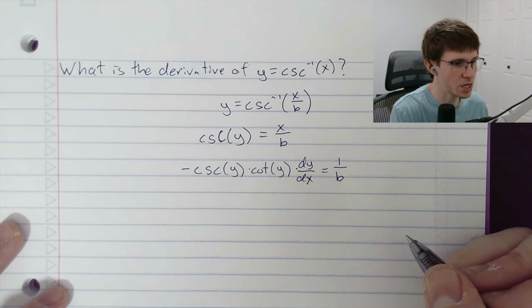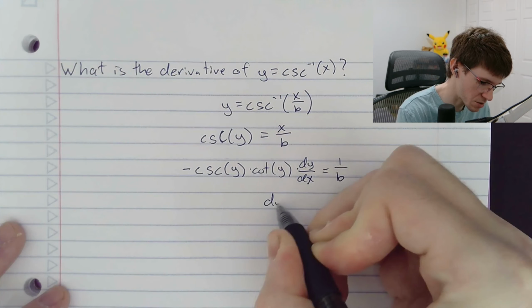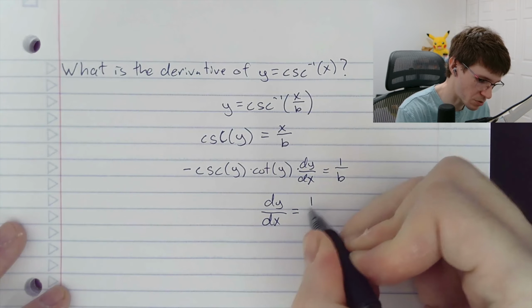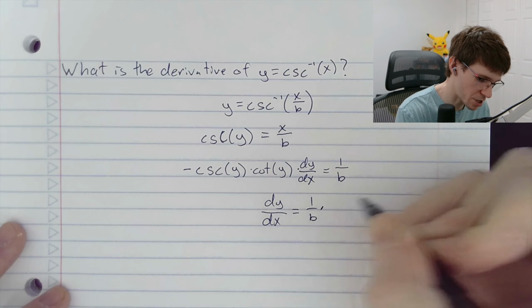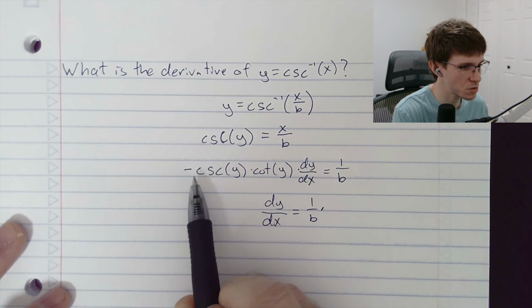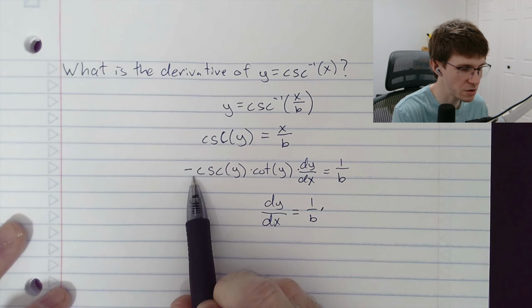From here, we're going to go ahead and rearrange really quickly. We're going to solve for dy over dx. So solving for dy over dx, we're going to end up with 1 over b multiplied by, and to get rid of this, we have to divide both sides by cosecant cotangent. Don't forget that one of them must be negative.